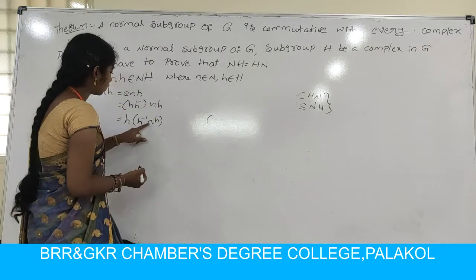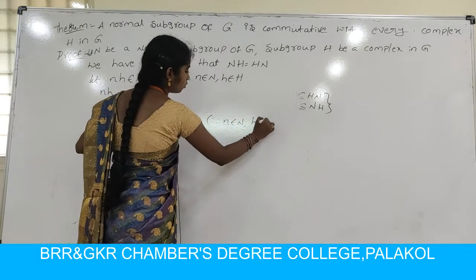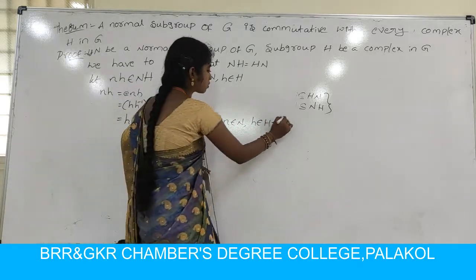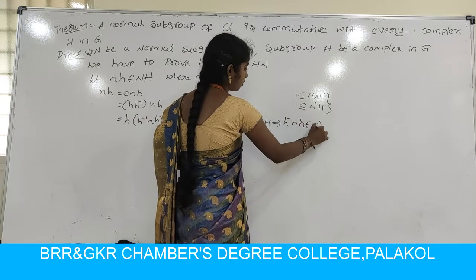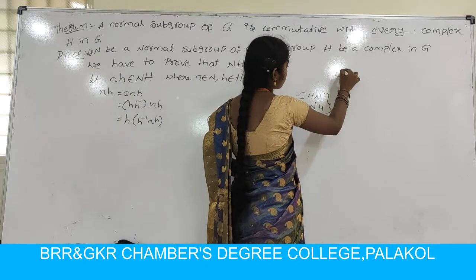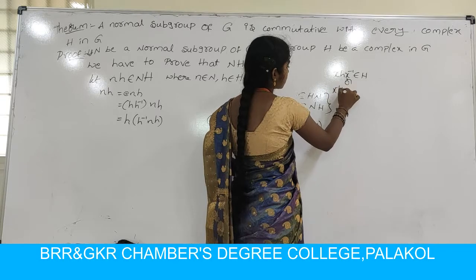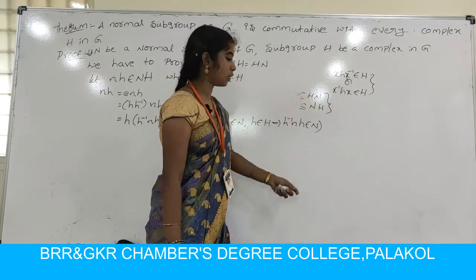Since n belongs to N and h belongs to H, h inverse nh belongs to N. Already you know the normal subgroup definition: xHx inverse belongs to H, or x inverse Hx belongs to H. These are normal subgroup conditions.